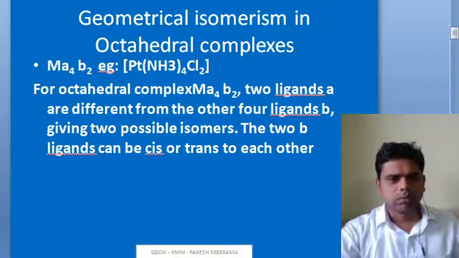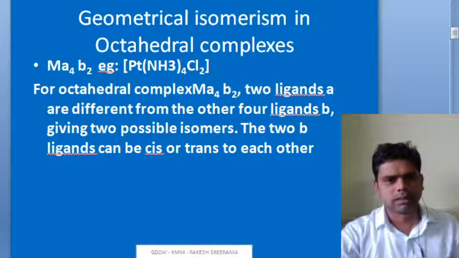Let us move on to the geometrical isomerism in octahedral complexes. Geometrical isomerism in the case of octahedral complexes of MA4B2 type of complex, where your M is central metal, A and B indicate ligands.